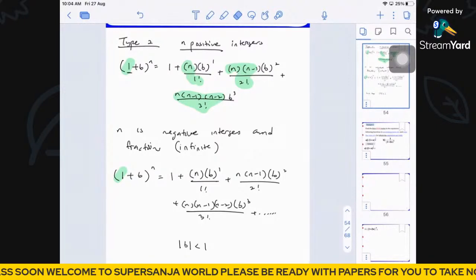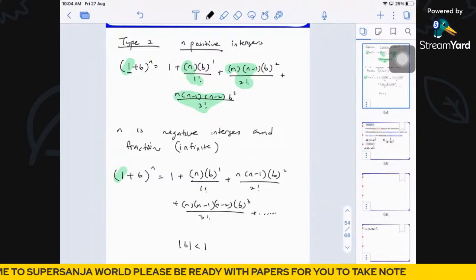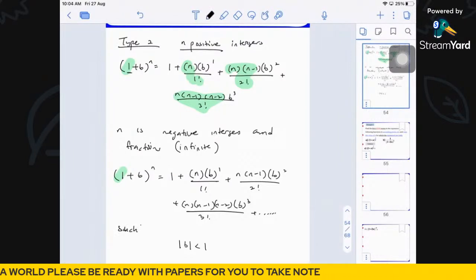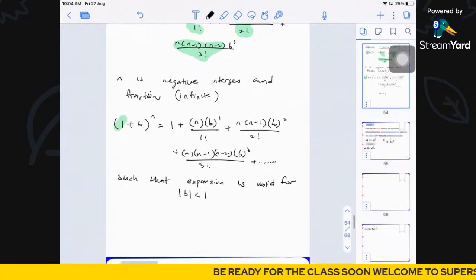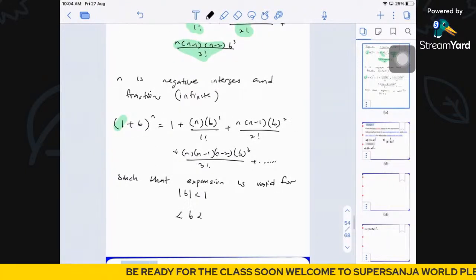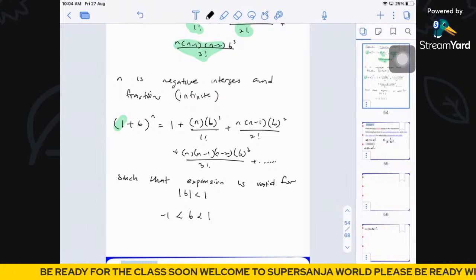Or we can even write down here the expansion is valid for modulus of b less than 1. So b is between negative 1 and 1 over here.